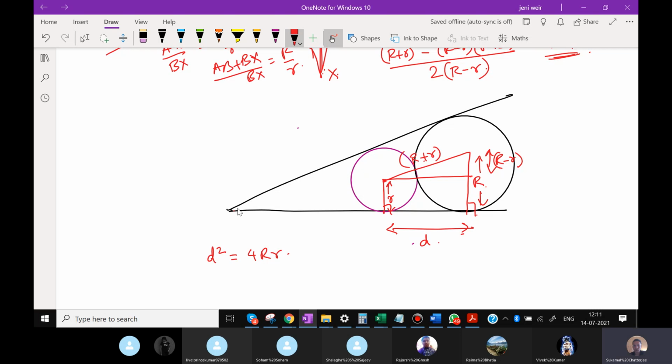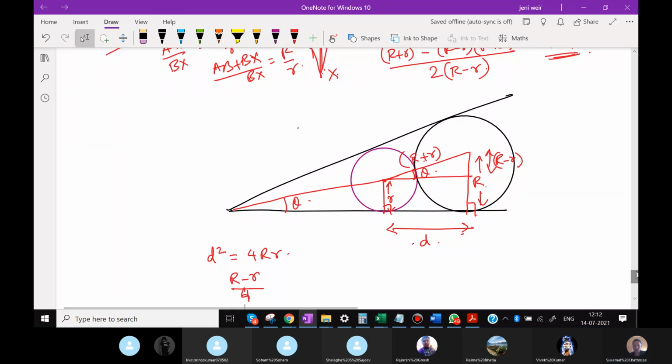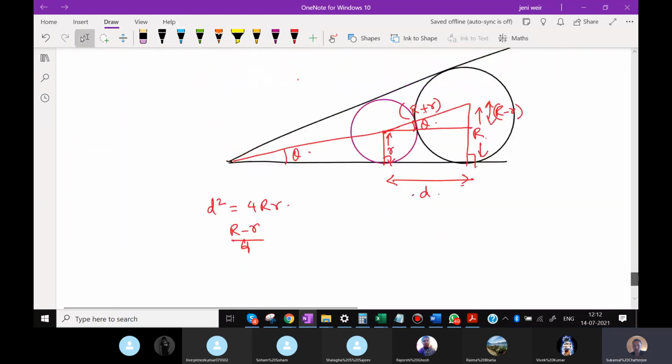Yes, sir. And if you join this, then if this angle is theta, then this angle is also theta, right? So that means R minus r by square root of 4R into r will be equal to tan theta.